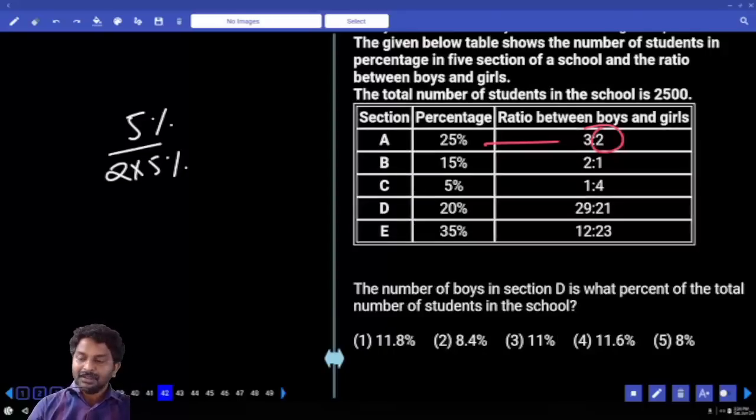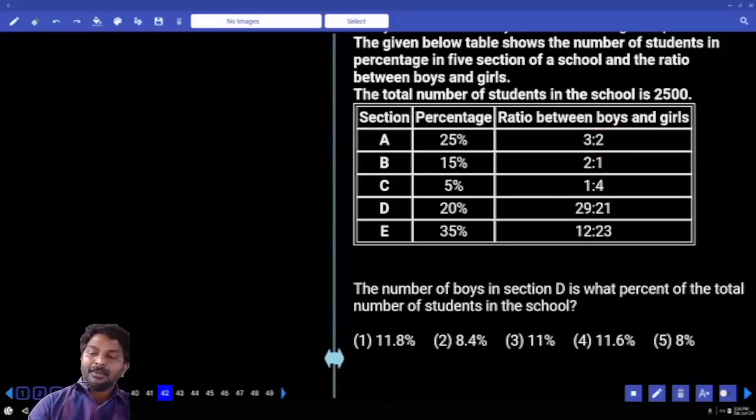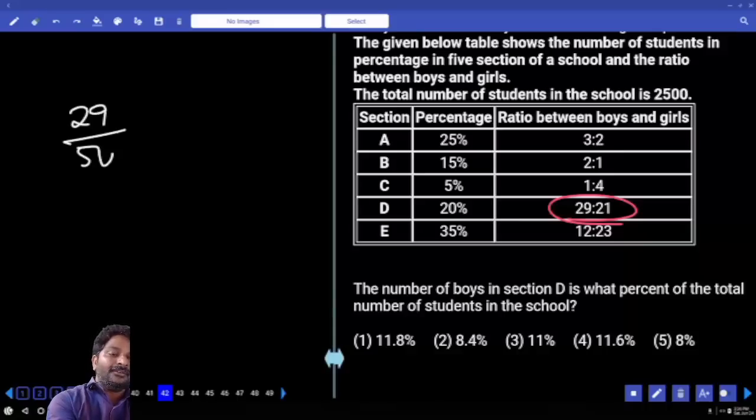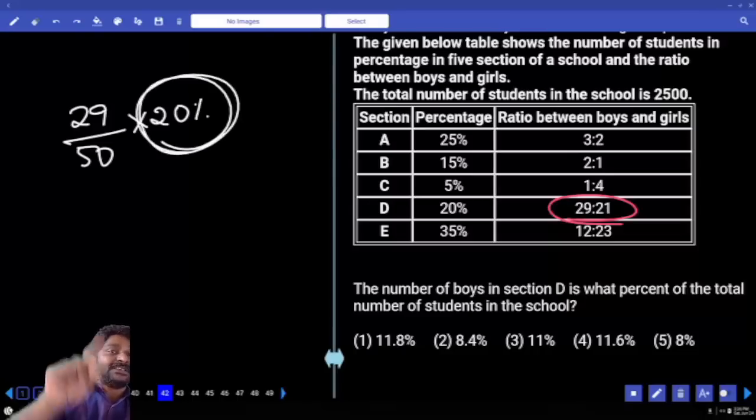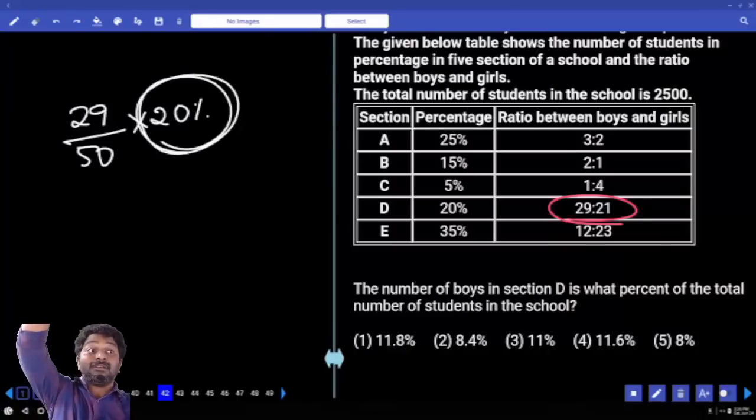1/2. The number of boys in section D is what percent of the total number of students in the school? Number of boys, right? How many parts are there in total? Boys are 29 upon 50. Among what percent? 20%. This 20% is calculated with respect to the total only.